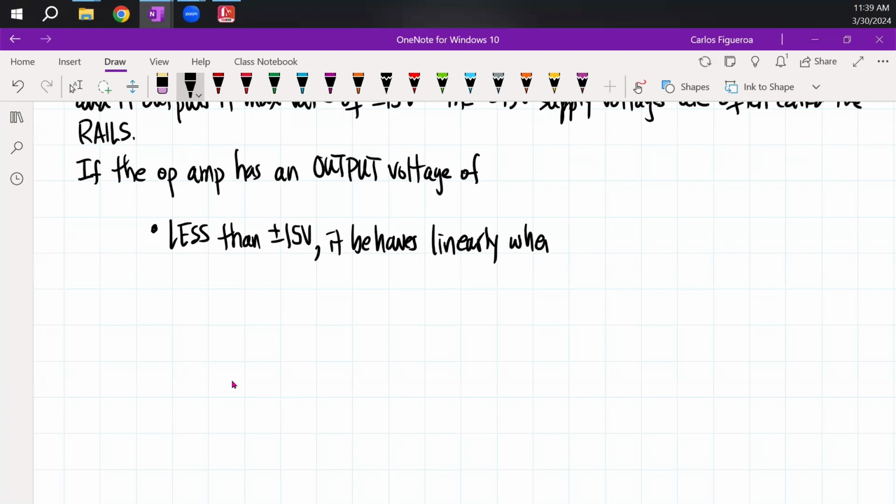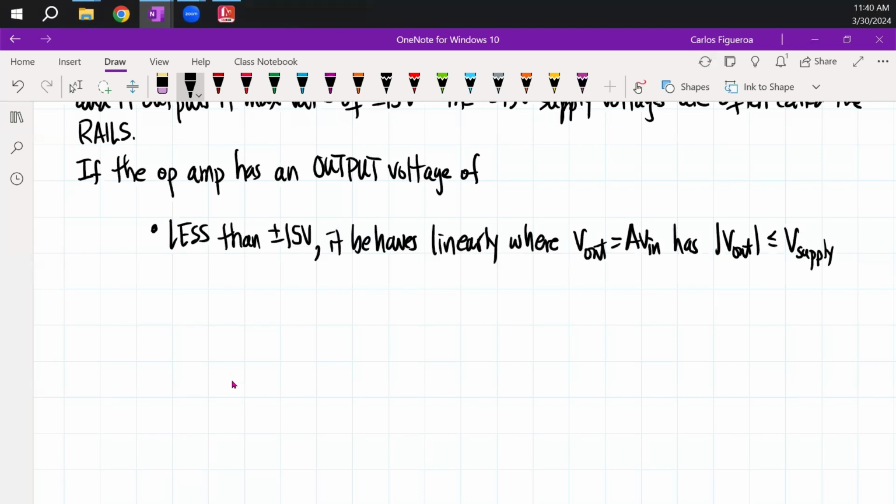where V out, which is the gain times its input, has the V out less than the supply voltages.